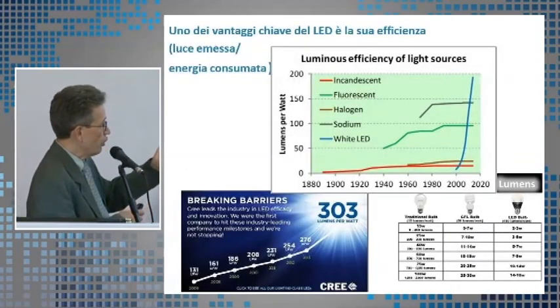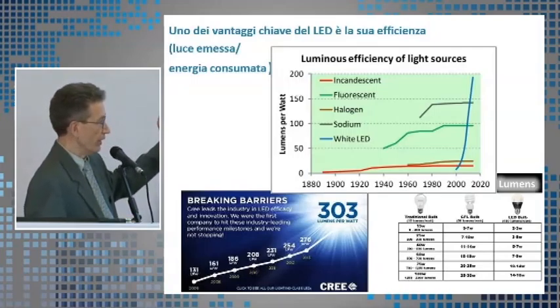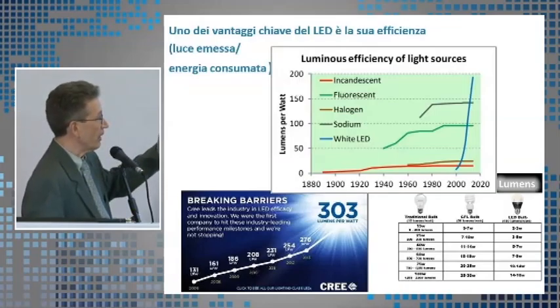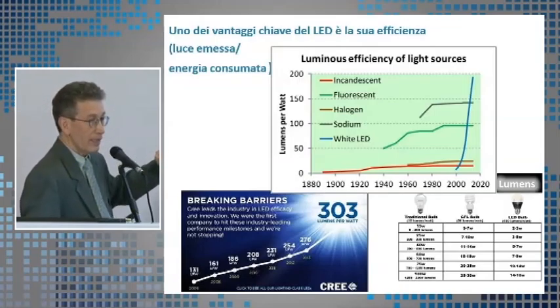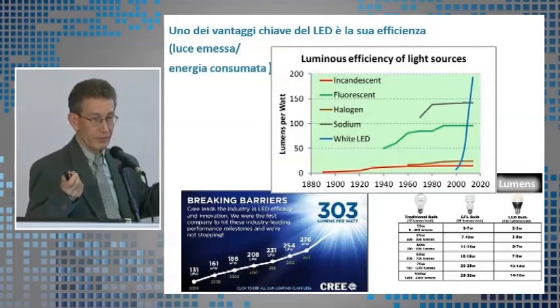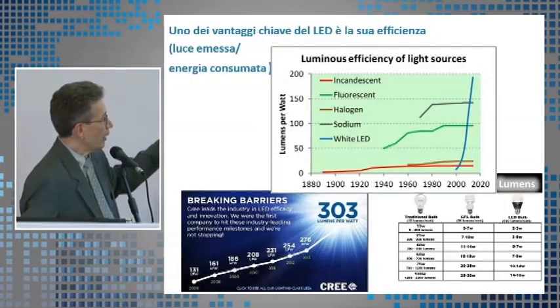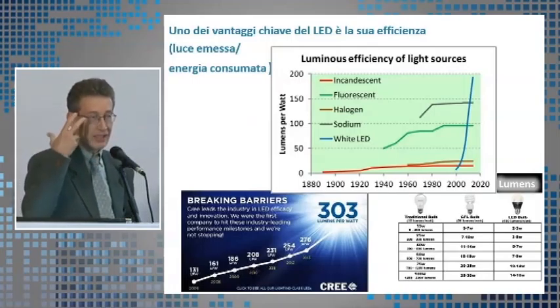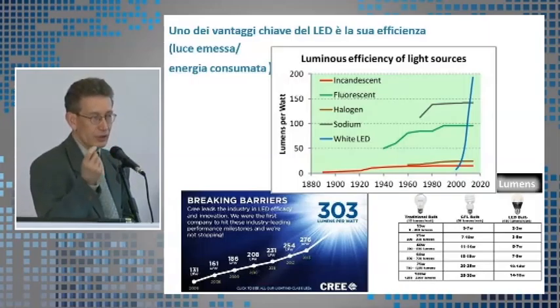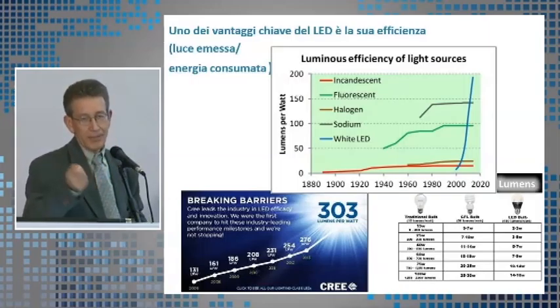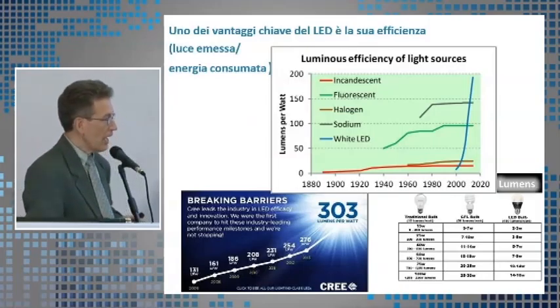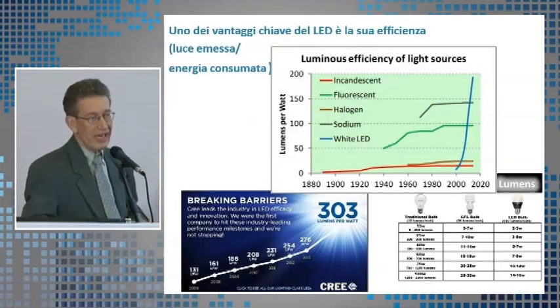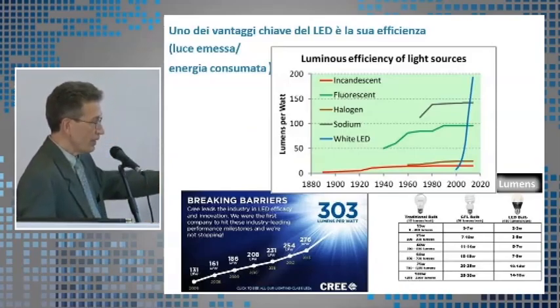If you take a look at this slide, and if you take a look at the green chart, you can see that there's a curve that grows rapidly from the year 2000 onwards, i.e. lighting LEDs. And it says lumens per watt, i.e. visible photons emitted per watt, i.e. per power paid to the utility. So there's a huge development of the efficiency and technology of LEDs.